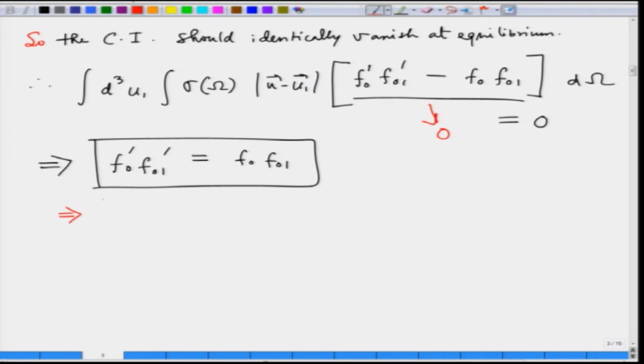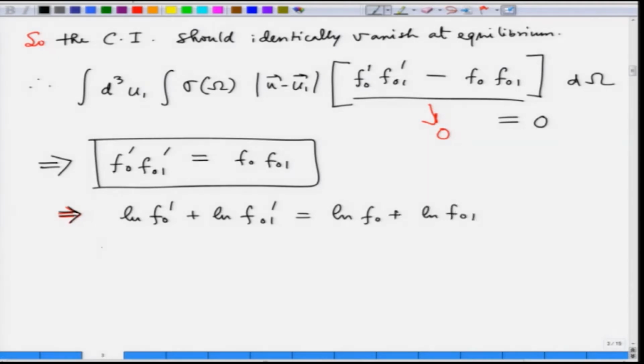And then if you take the natural logarithm, you can say log of f 0 prime plus log of f 0 1 prime is equal to log of f 0 plus log of f 0 1.